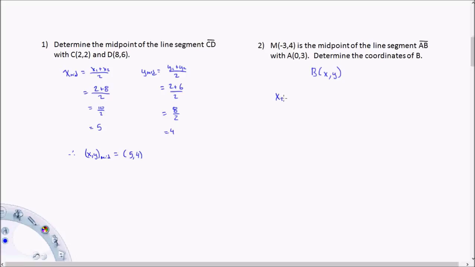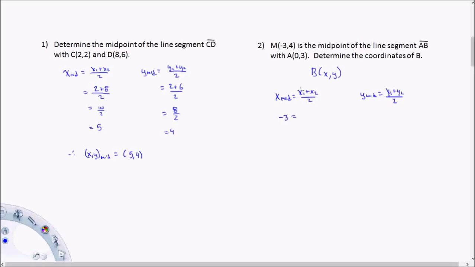And let's maybe first write out our formula. So x mid is equal to x1 plus x2 over 2. And similarly, y mid is y1 plus y2 over 2. So the x-coordinate midpoint is -3, so we can replace that with -3.